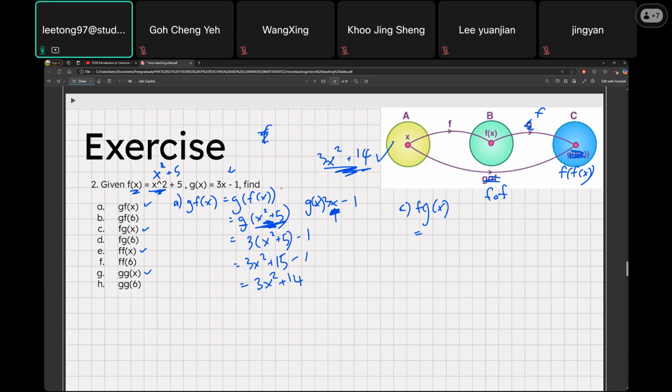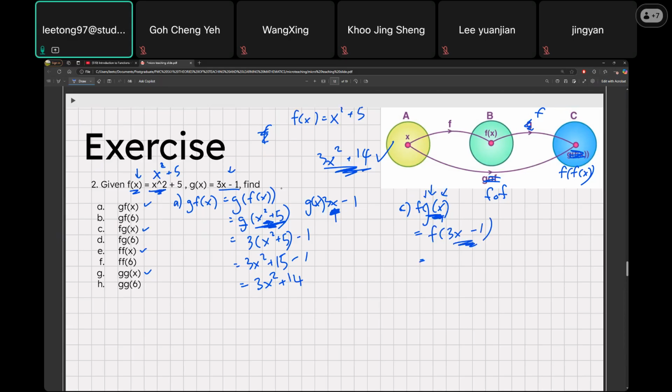Look at this first, the one that is closest to the object, which is function g. What is function g? 3x minus 1. So 3x minus 1 will be your new object in your function f. Function f is x squared plus 5.